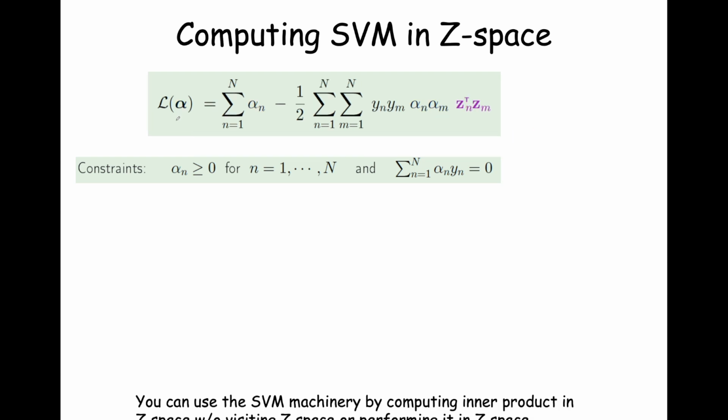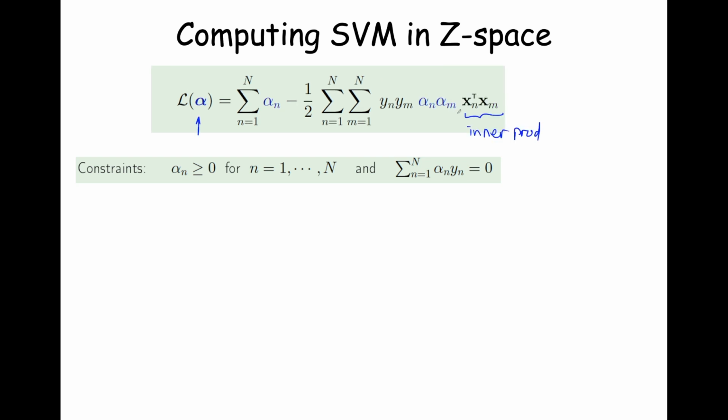Now, we have this form, and in this form we can actually take each one of these x's and perform a phi function transformation on it. So if I call phi on xn, that becomes zn, the corresponding representation of xn in feature space z. And likewise with xm, I can call phi on xm.